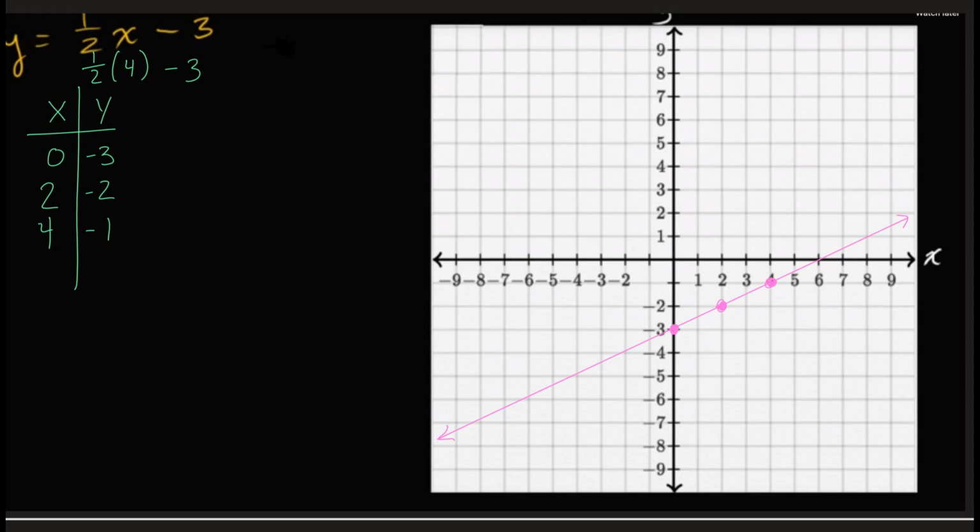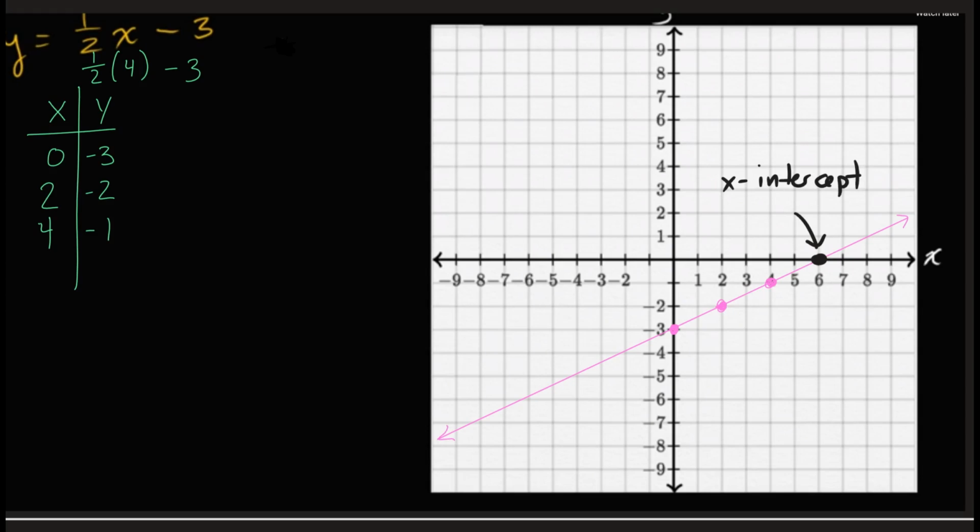And so now you can clearly see your x and y intercepts. My x-intercept is where the line intercepts the x-axis. So right there, I have my x-intercept.